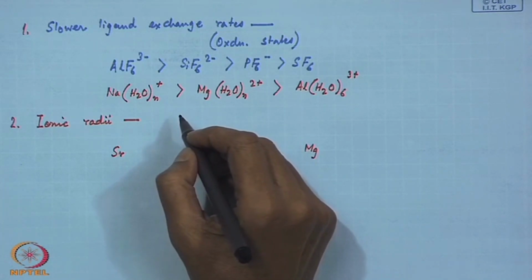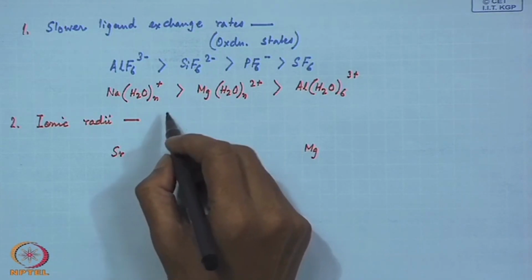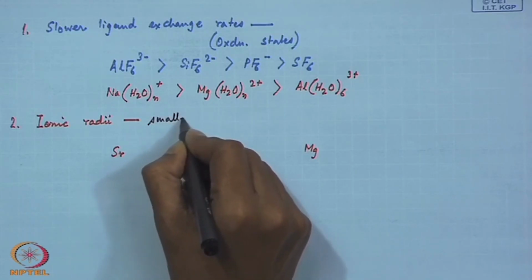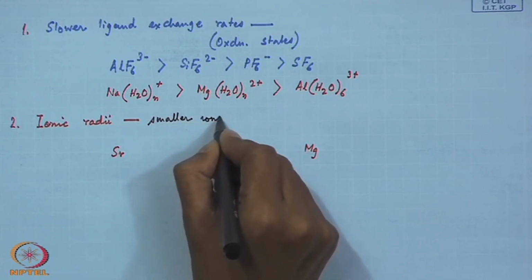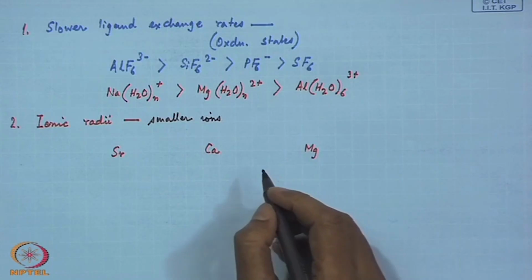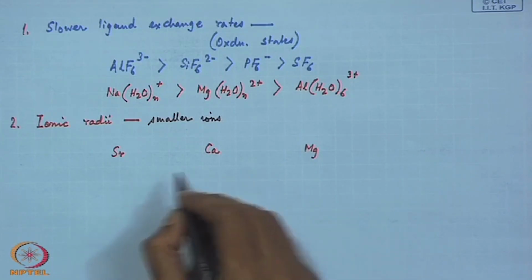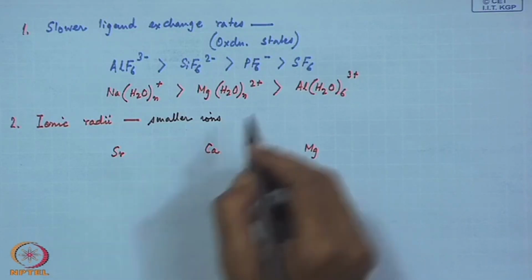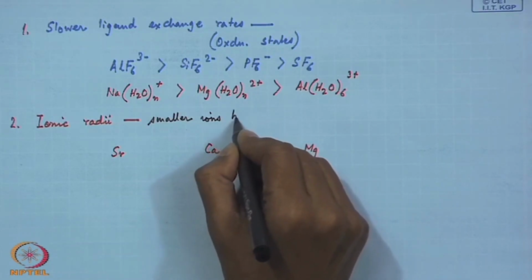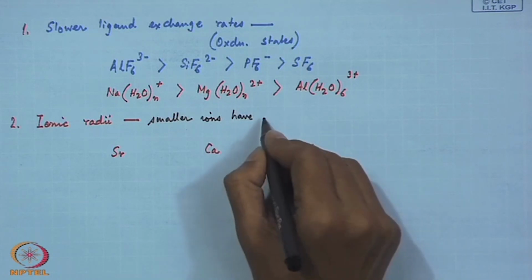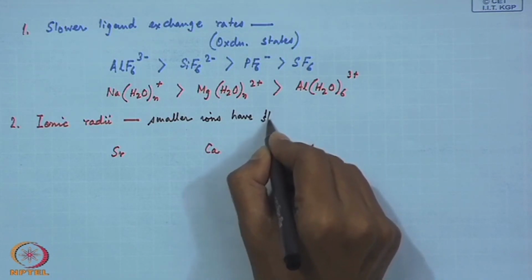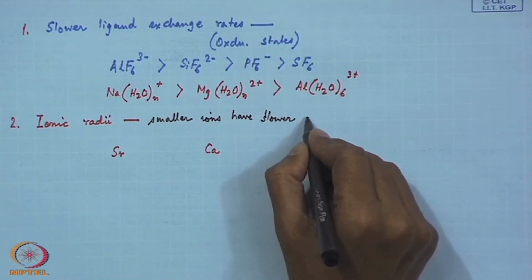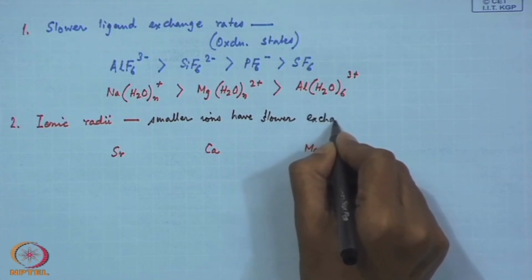So, if we consider the rate for this exchange reaction, those ions which are smaller, that means magnesium is smaller than calcium than strontium, have slower exchange rates.